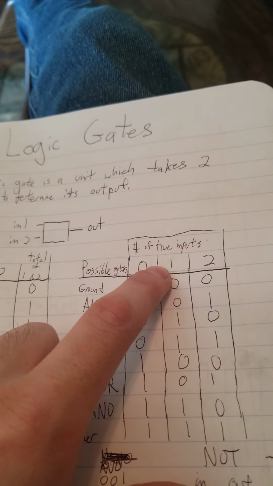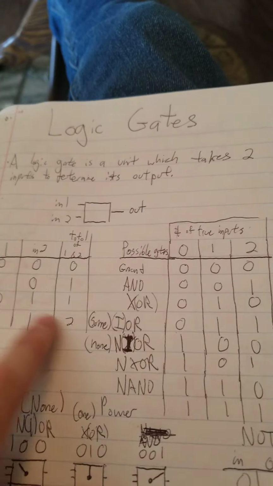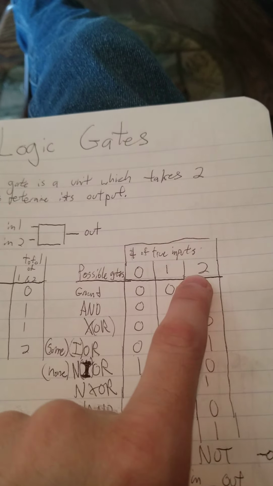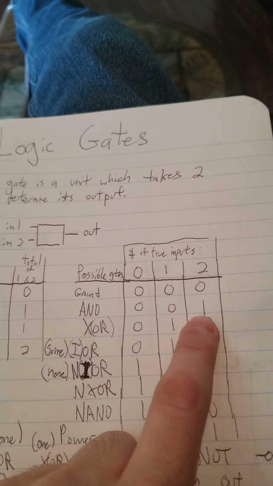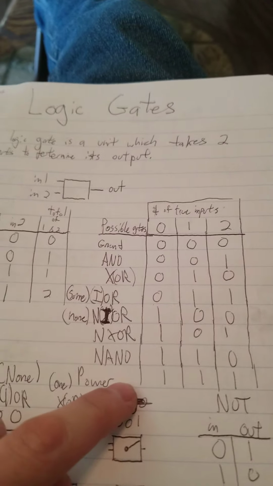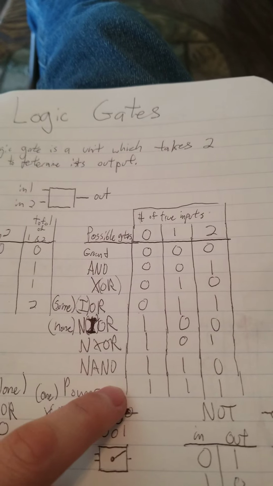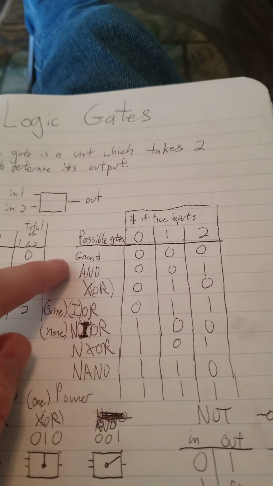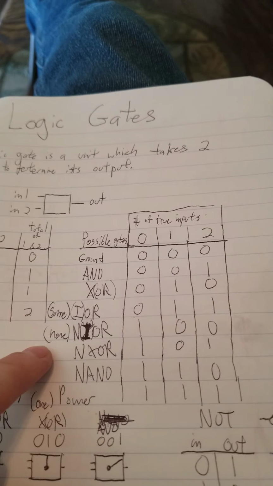When there is one true input, so either of these cases, it outputs a zero. But in the case where there are two true inputs, it outputs a one. So all of these cases here are all of the possible different arrangements that could result in a logic gate.